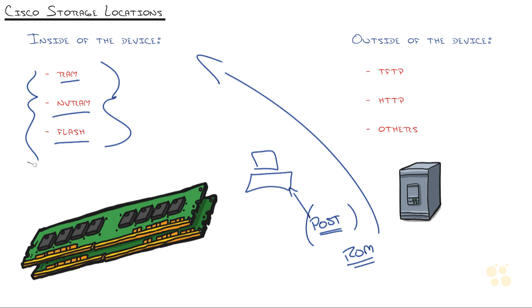So what happens on your computer after it goes through POST? It boots, right? It goes to the operating system, whether it be OS X in the Apple world or Windows or Linux. So the POST process goes, it says, okay, this is going to be the hard drive of the device that you're booting off of. And in the Cisco world, that's flash.